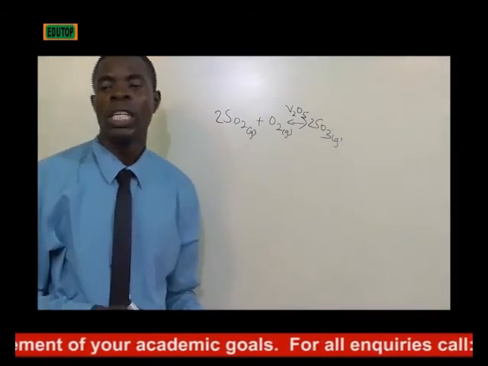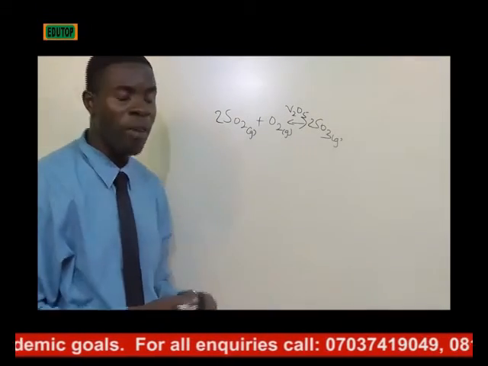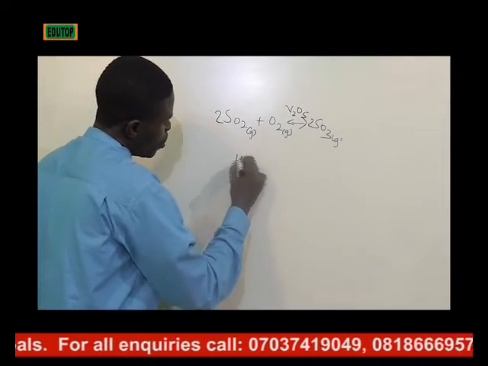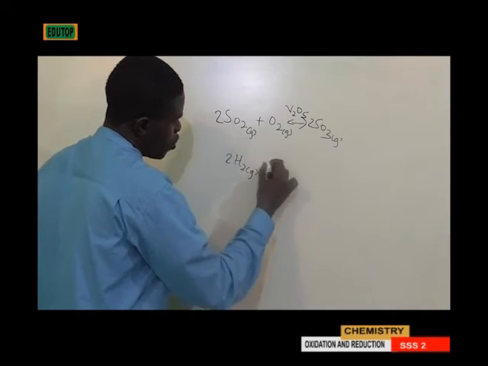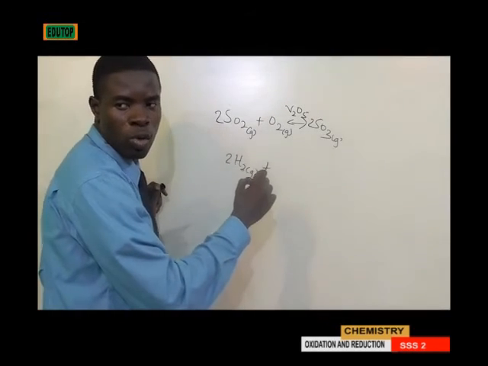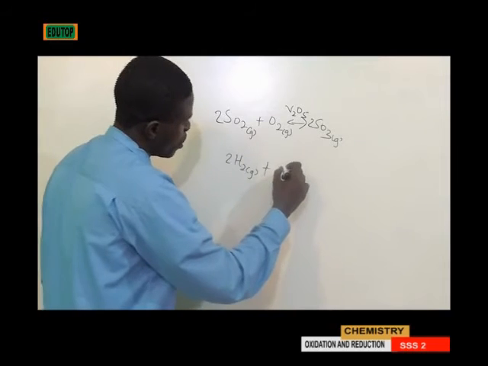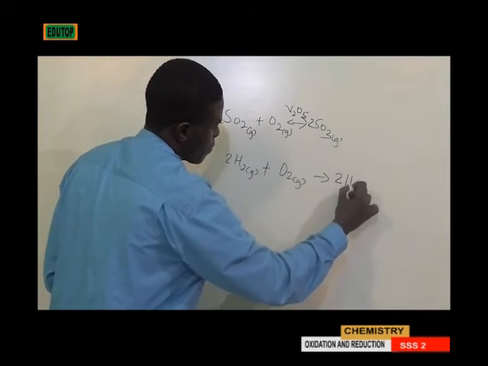Question number 2. The oxidation number of hydrogen changes in the reaction between 2 moles of hydrogen. This is hydrogen gas, 2 moles of it plus a mole of oxygen gas to give water.